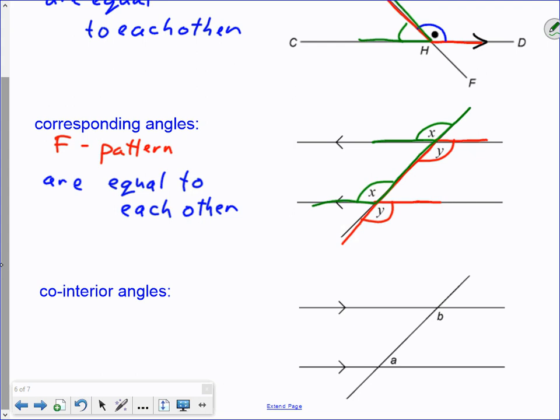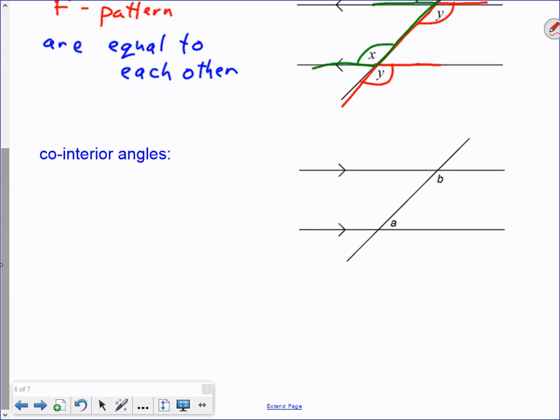Our third pattern are what are called co-interior angles. Co-interior angles form what is known as a C pattern. So if I've got angle A and B here, I can draw my C kind of like this. And angles that are co-interior to each other add to 180 degrees.